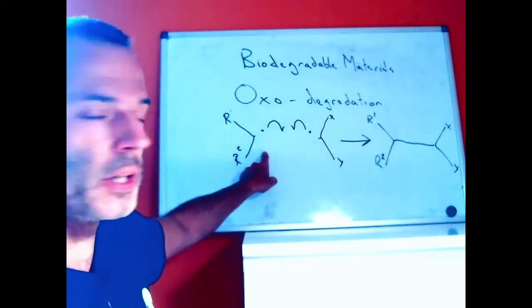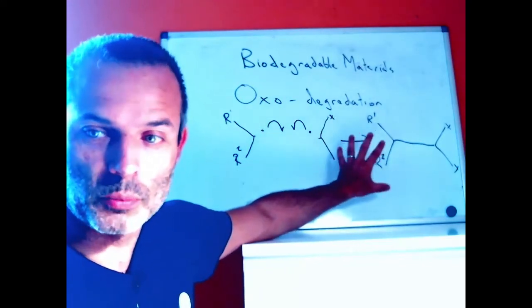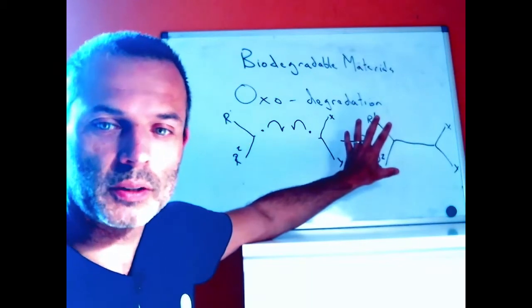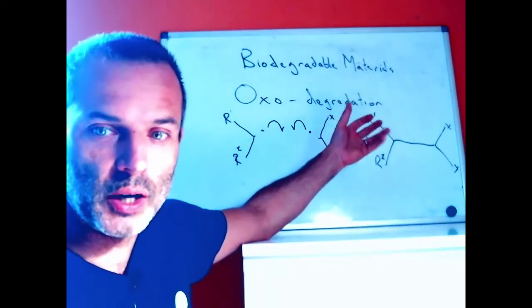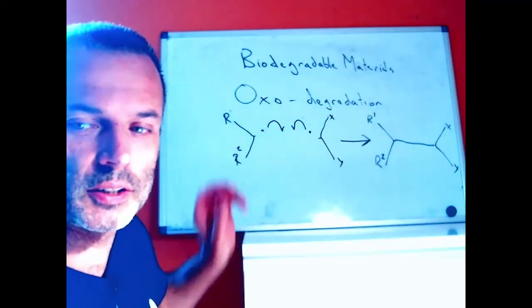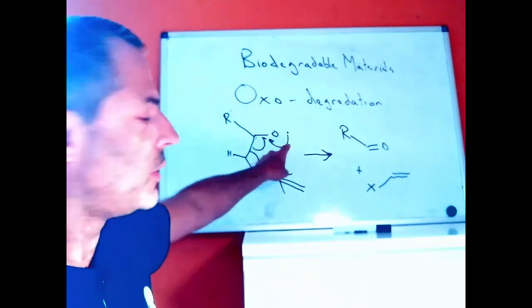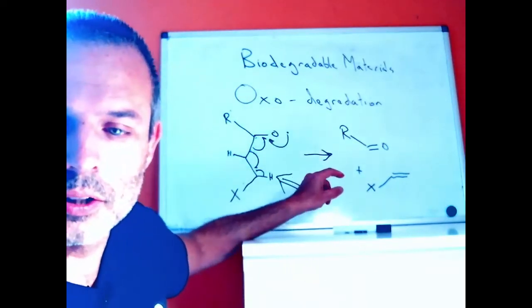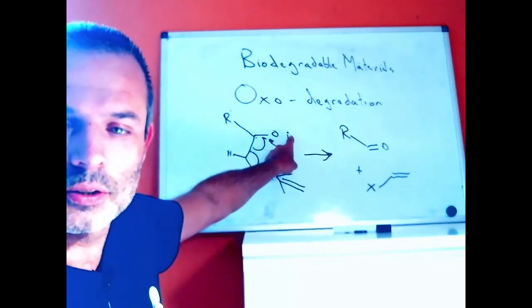This is a possible chain termination, but as you can see, we've cross-linked the polymer, and as you would expect, the polymer becomes harder and more brittle, more likely to break, and that's what we see in polymers as they degrade in sunlight.